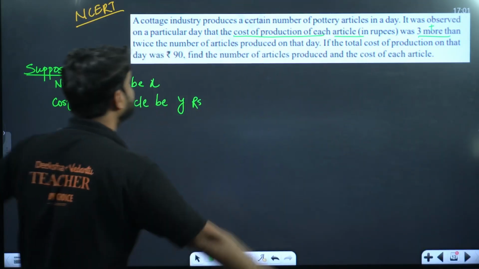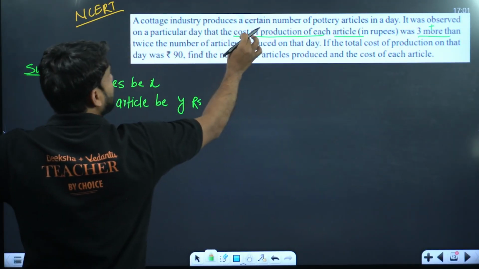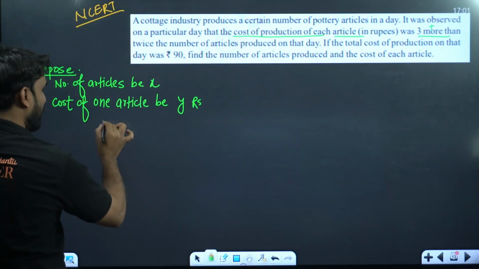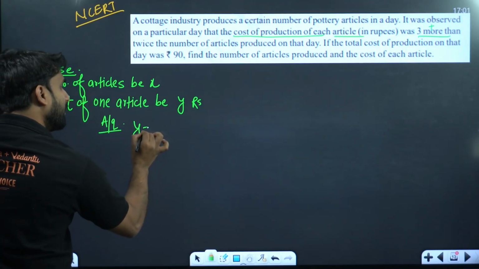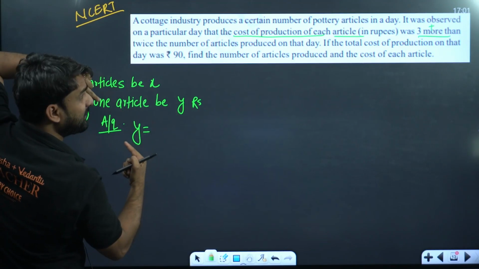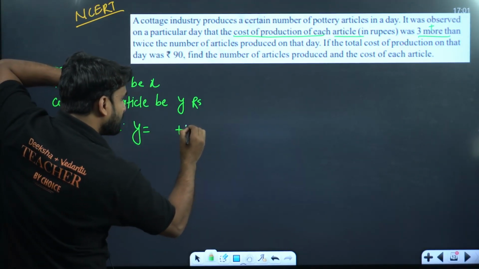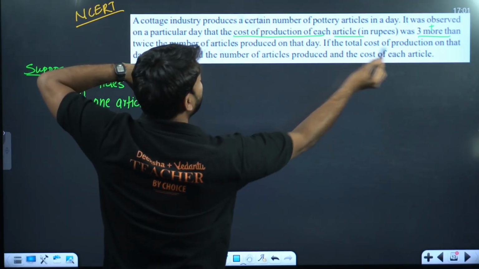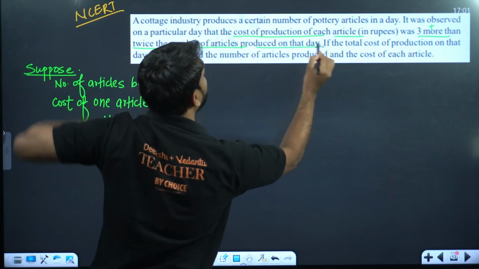So look, my dear, it was observed that on a particular day the cost of production, Y. So according to the question, Y is equal to, we have to add 3 to twice the number of articles produced on that day.